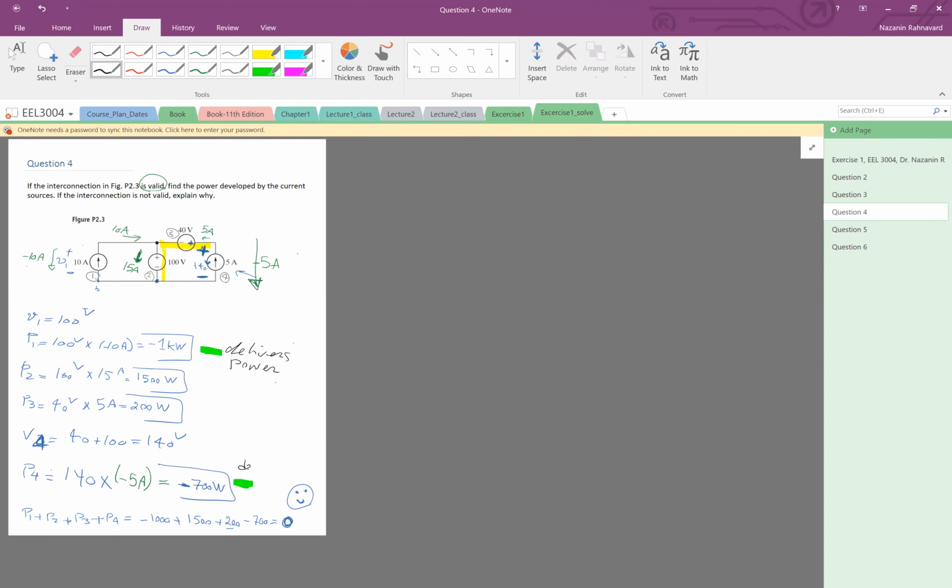And the same is here. And these two elements basically are consuming power. Absolutely. Okay, great.